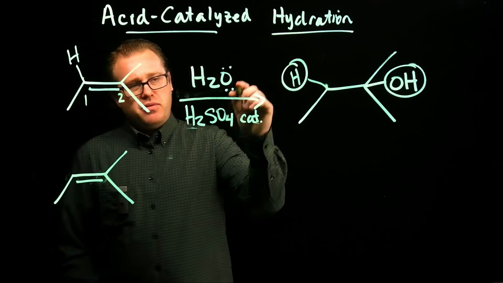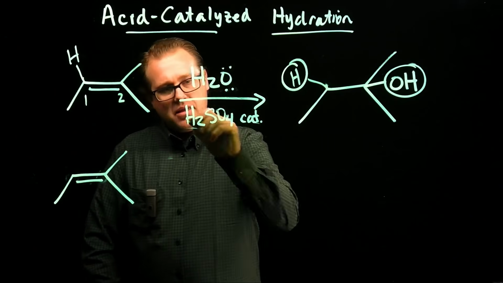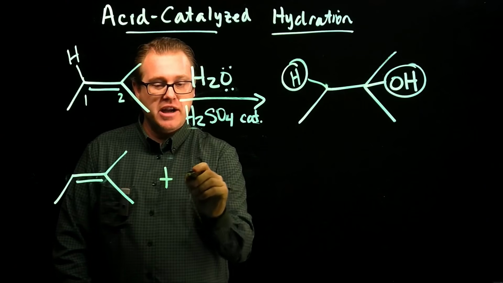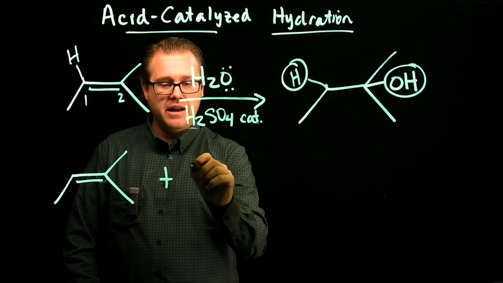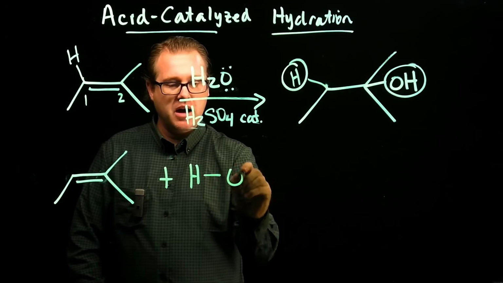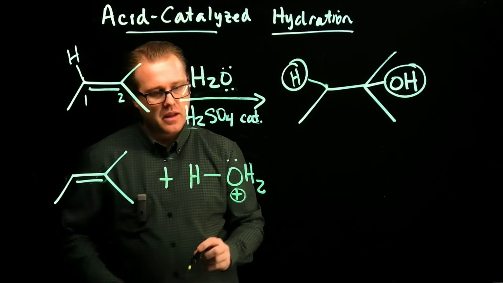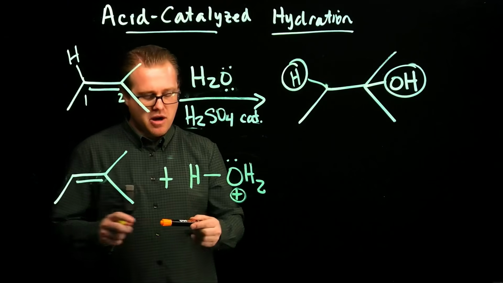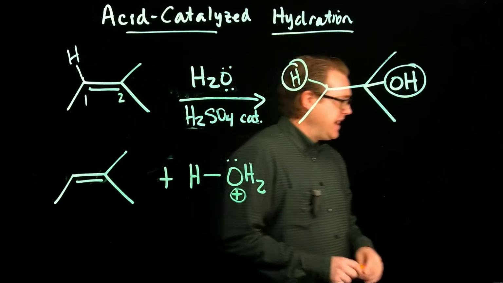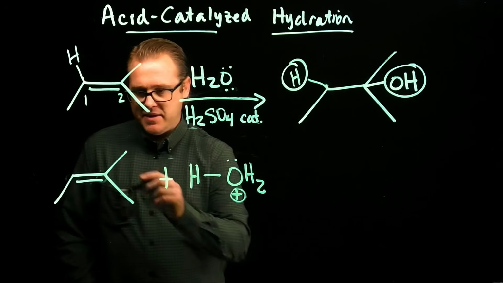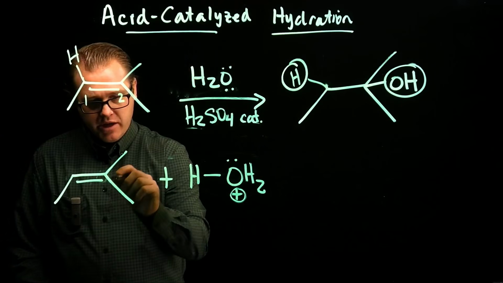So the first step is we have to understand that this combination of water and sulfuric acid is going to generate the hydronium ion. And I'm going to represent the hydronium ion like this. The reason why I want to draw it that way is because it just makes it easier for the mechanism.